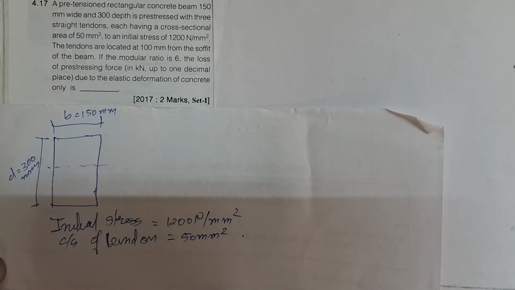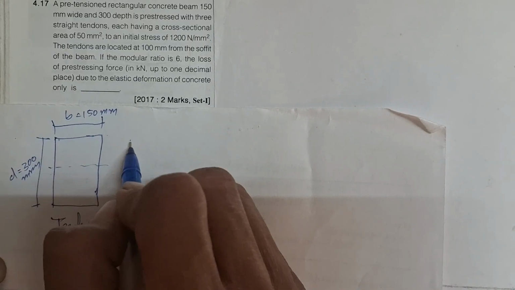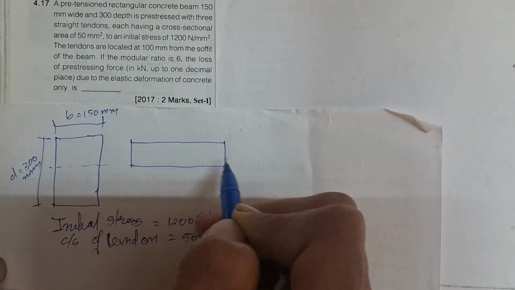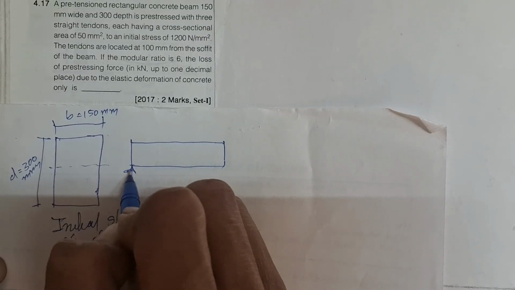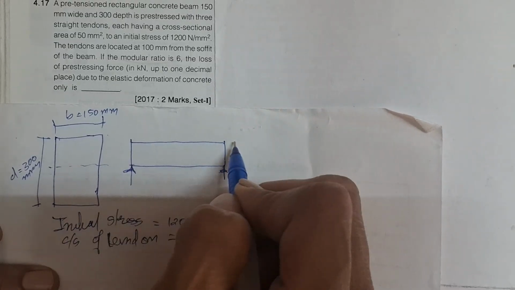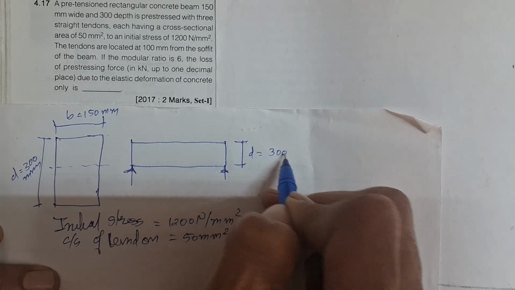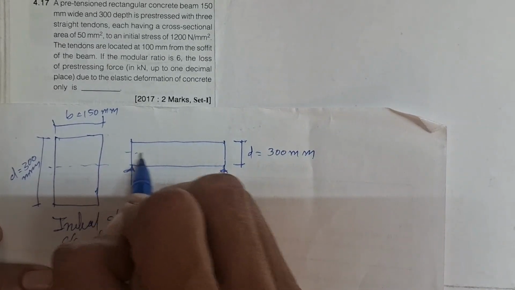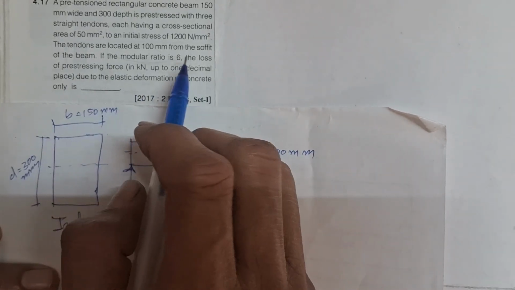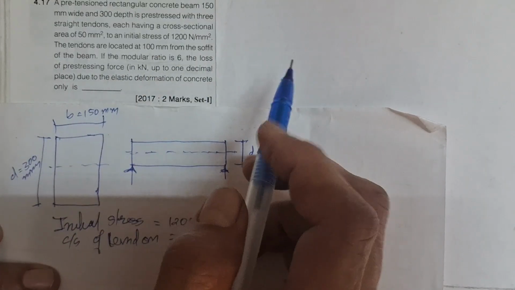Suppose I am drawing the cross section, and this is your longitudinal section. This is the beam, with some reactions over here. This is your depth D, which is 300 mm, and this is the middle portion. They have written that tendons are located at 100 mm from the soffit. What do you mean by soffit?